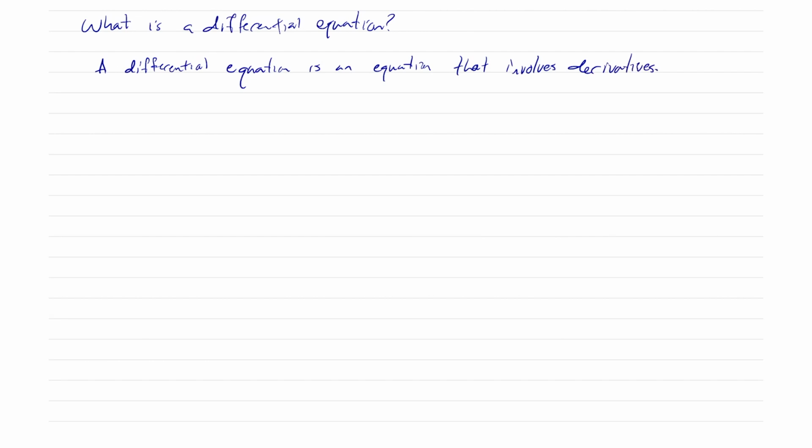So in particular, we have things that are called independent variables. Independent variables, so these are variables that don't depend on any other ones, that don't depend on others.